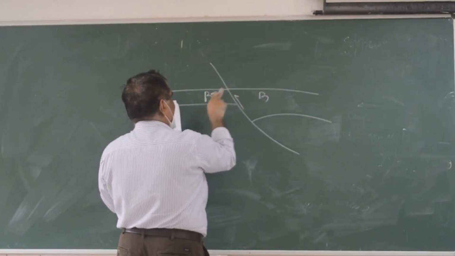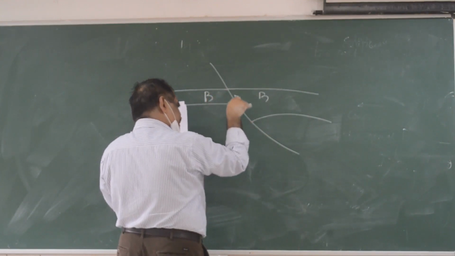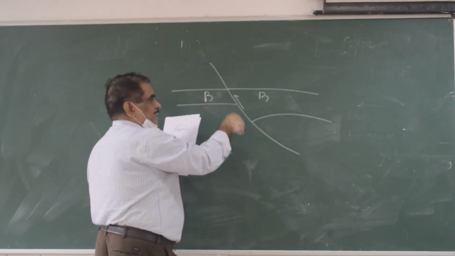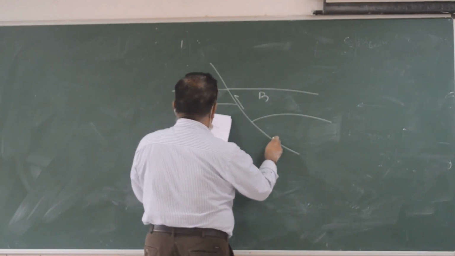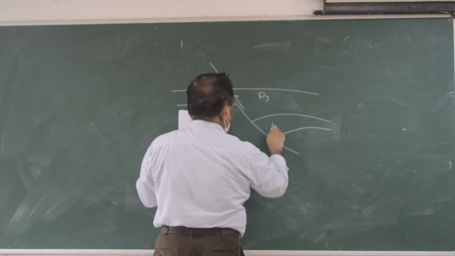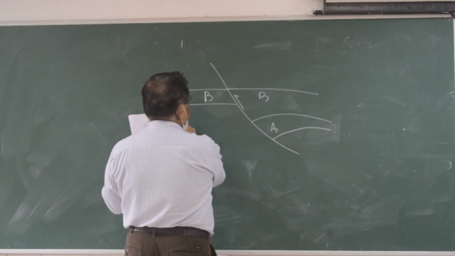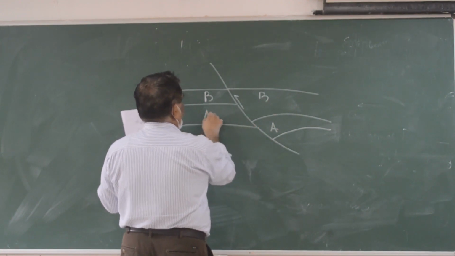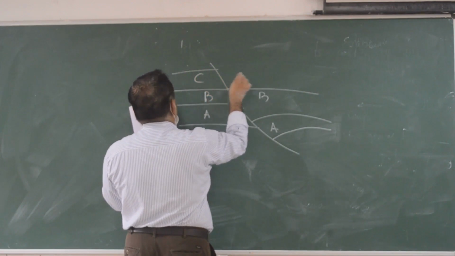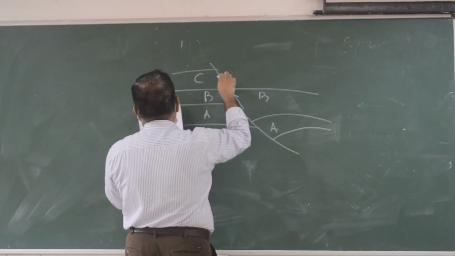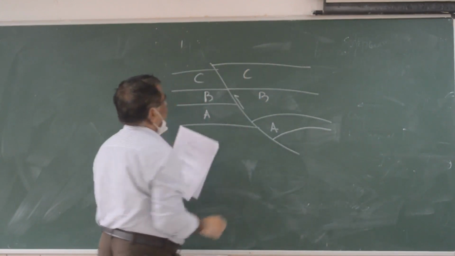The top surface has joined with B on the other side, but the lower surface is still below because this is thicker. This is a syn-rift sediment, and A is here. A, B, and this is C. And suppose C bed has gone up.